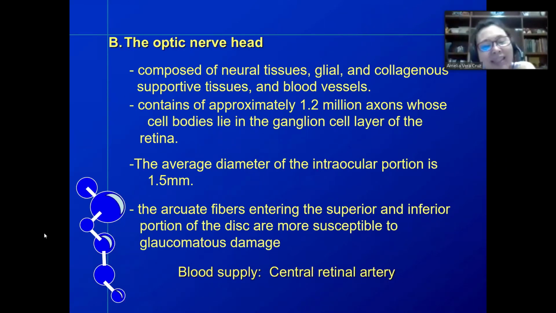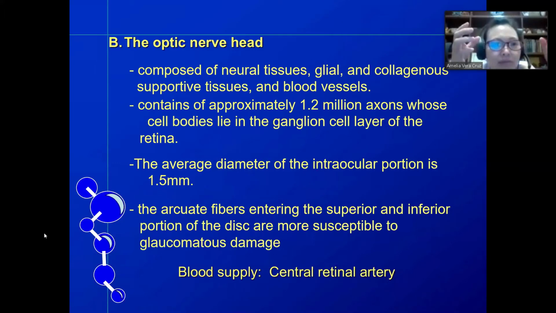The cell bodies are located in the ganglion cell layer of the retina. Imagine that always. Your optic nerve fibers are actually axons of your ganglion cells from your retina.